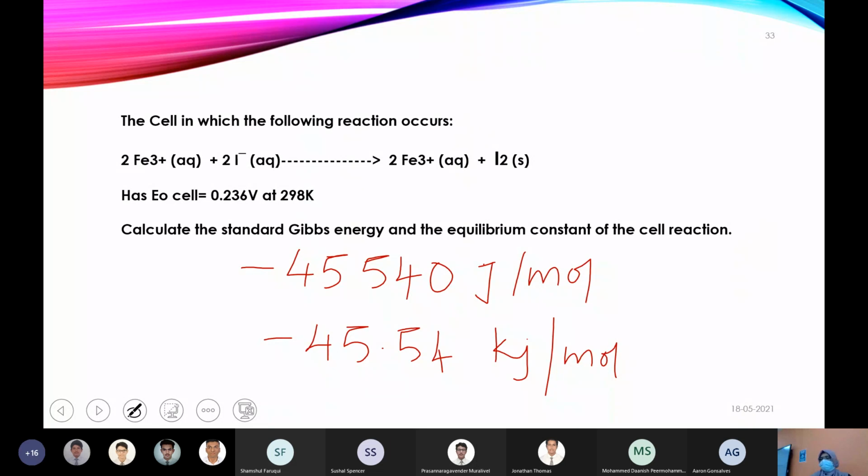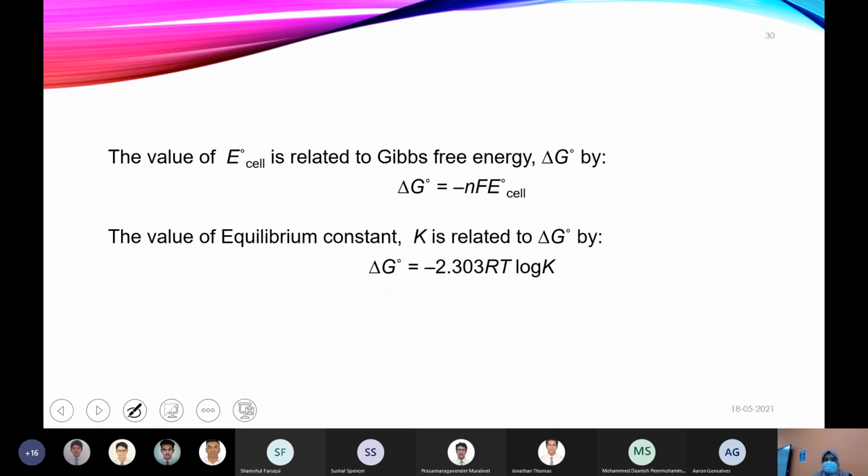So using this value, you can calculate the equilibrium constant, where delta G0 is equal to 2.303 RT log Kc. I already discussed that this is the equation you have to take.